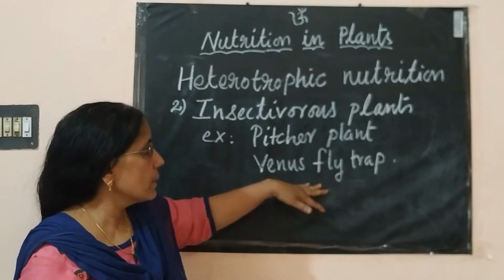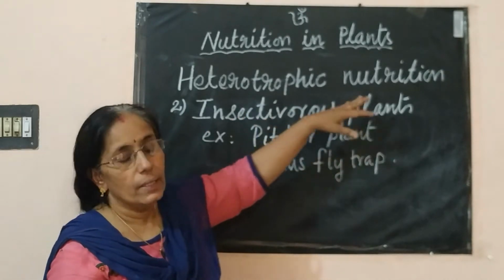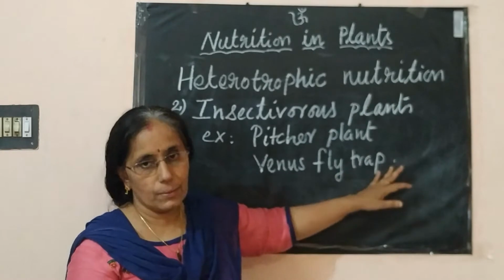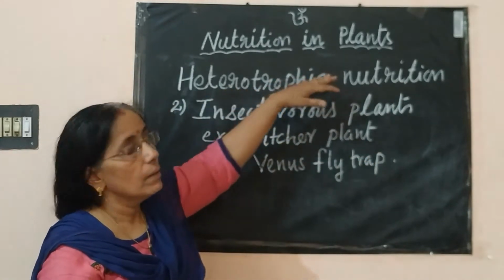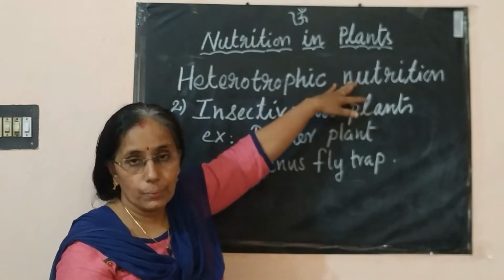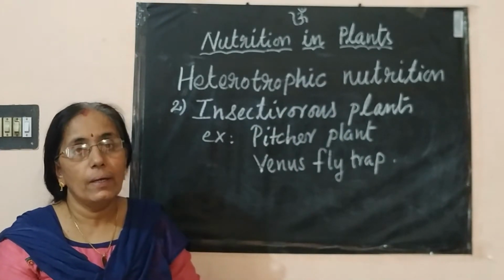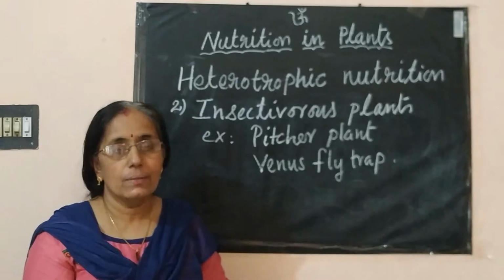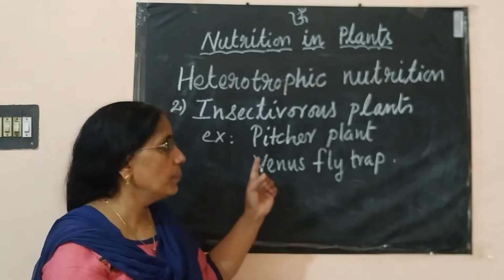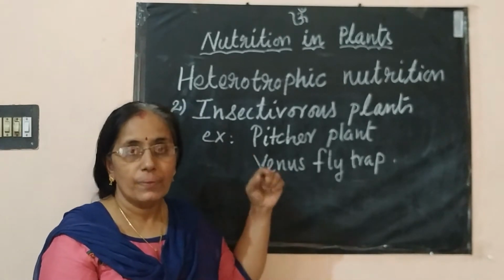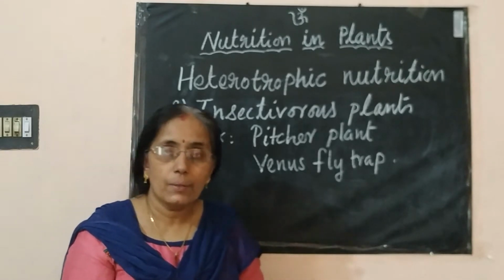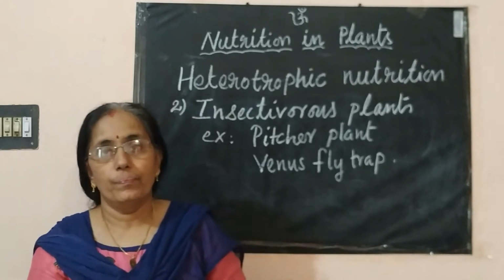So these two plants are examples of insectivorous plants. They come under heterotrophic nutrition, even though they prepare food by photosynthesis. For certain minerals, they depend on insects. So they are known as heterotrophic.